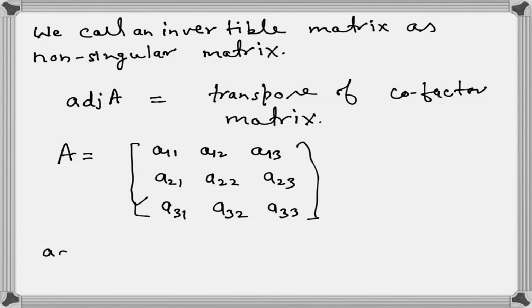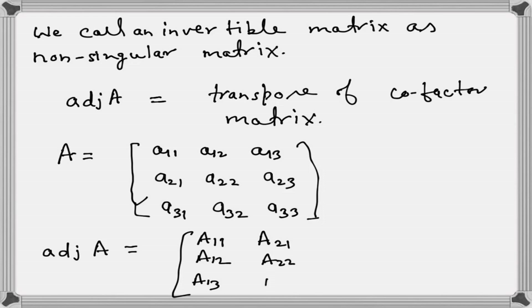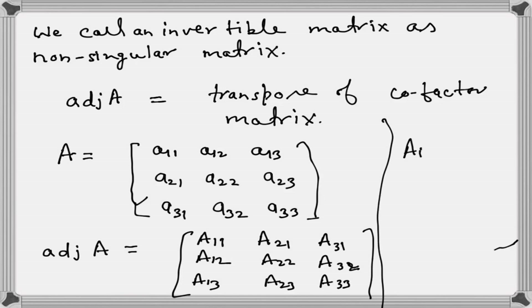If I write the adjoint of A, I just write it as A11, A12, A13, A21, A22, A23, A31, A32, A33, where these Aij's are the ij cofactors.